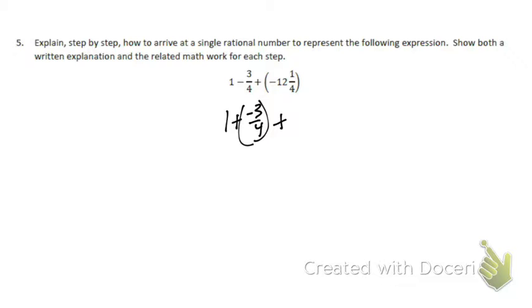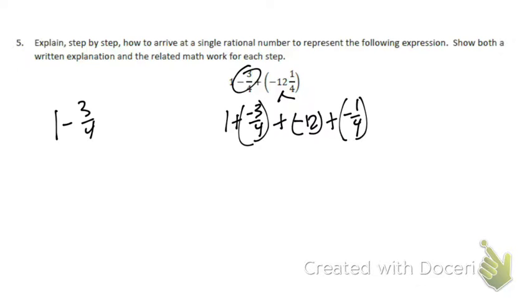The plus, again, we're going to break that apart, right? Negative 12 and negative 1/4. Not positive 1/4, but negative 1/4. And the reason here, see how I changed this into plus negative 3/4?